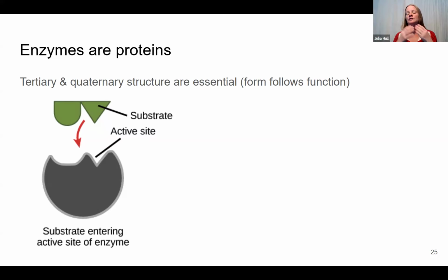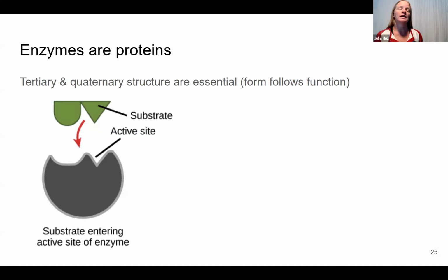If we need a protein to do a job, it has to be a specific shape, okay? And this is very true for enzymes, right? So if we remember the tertiary and the quaternary structure of proteins, where we have our three-dimensional shape and then we have all these different subunits coming together to make up the quaternary structure, those levels of organization determine the job that those enzymes can do.